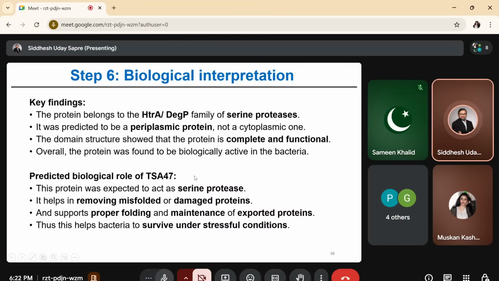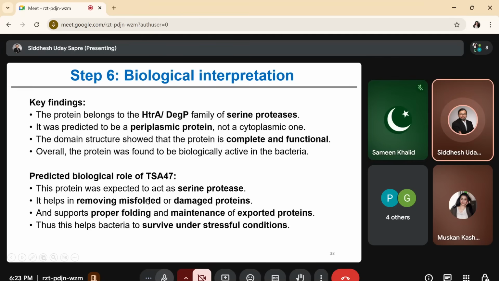Now, what was the predicted role of TSA47? It acts as a serine protease. Serine proteases are a specific family of proteases which cleave proteins, and they are also known to be present in other microorganisms such as viruses, wherein they are present in the host and cleave the proteins.